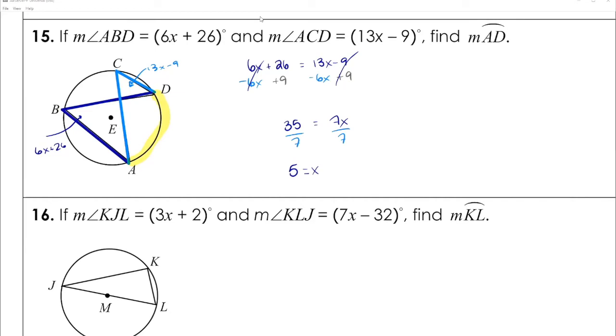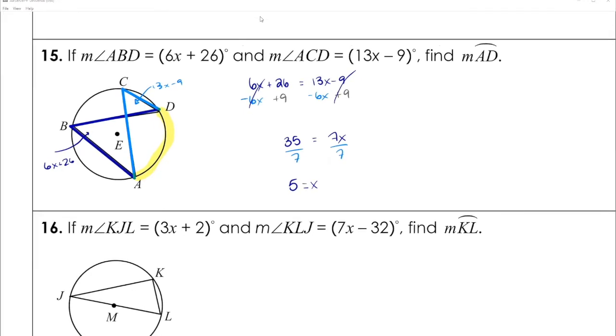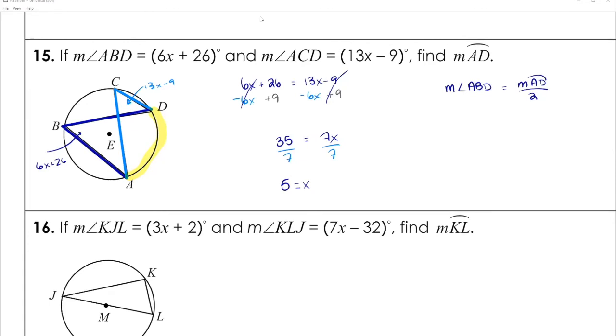We have got to now find out the angle measure. We're going to substitute it in. We know ABD is equal to half the measure of arc AD. So we are going to double it because we have the angle. If we had the arc, that's when we half it. So I'm just going to substitute 6 times 5 plus 26.